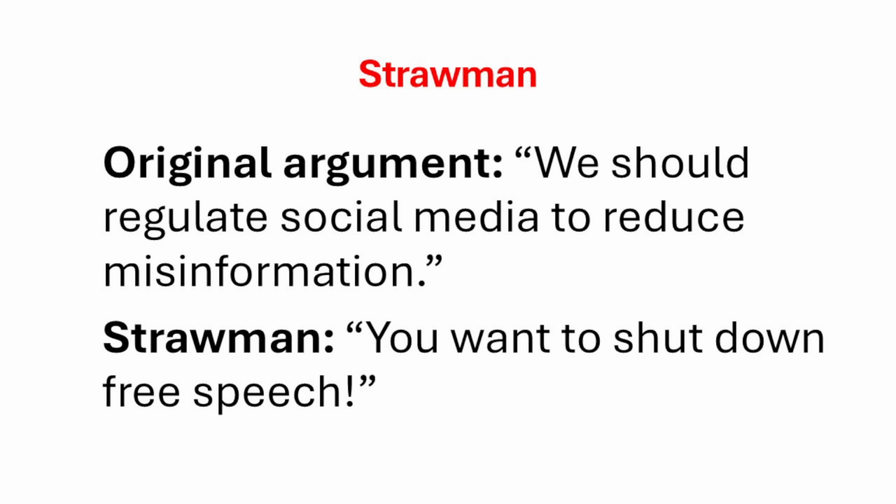And the straw man version of that argument is, you want to shut down free speech. So that, as we can see, is a misrepresentation of the original argument, which I think is simple enough.